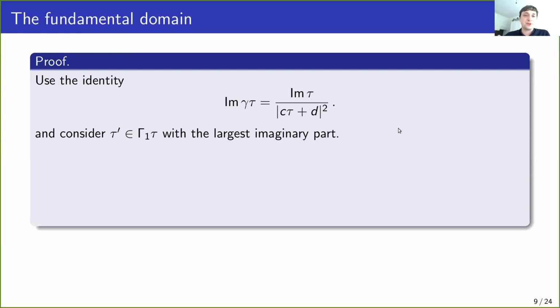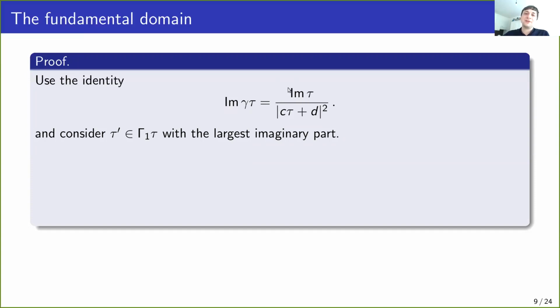So the first thing is you use this identity, which is easy to verify directly. This shows you that if you take any point tau in the upper half plane and you look at its gamma 1 orbit, then the imaginary parts of this orbit have a very simple description.